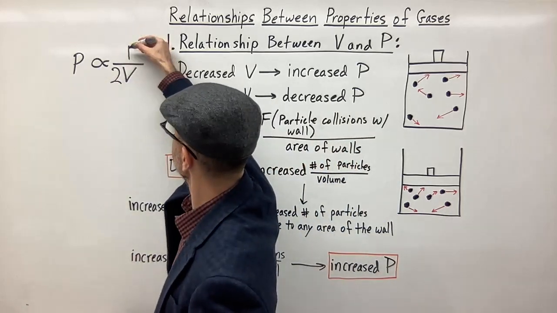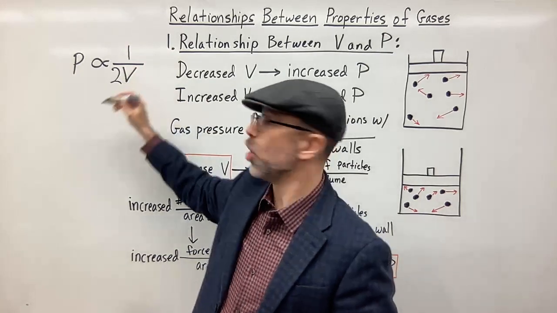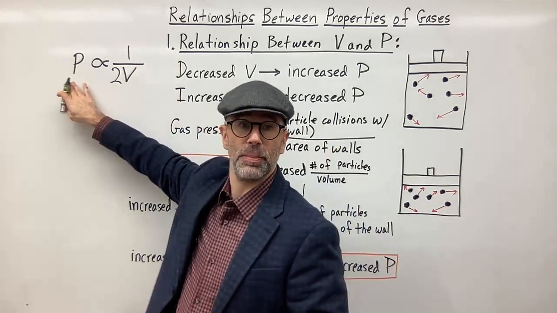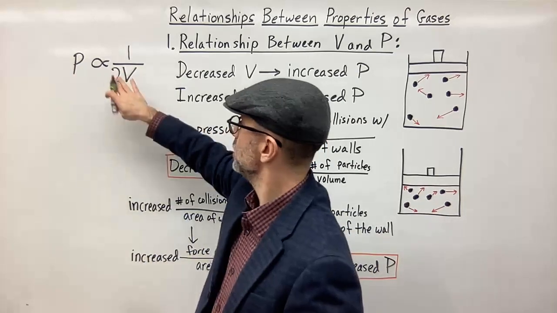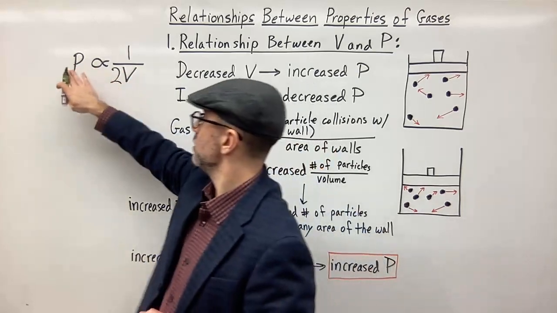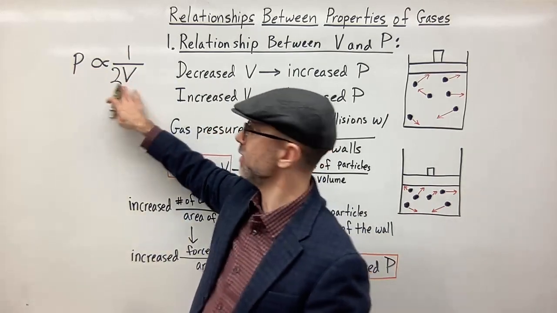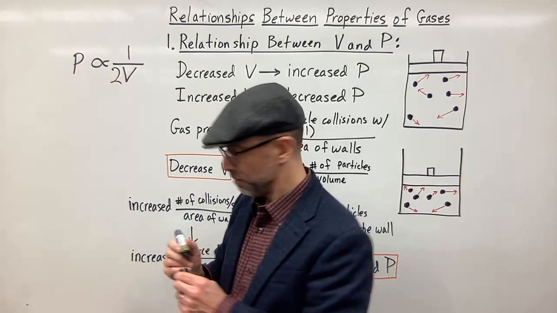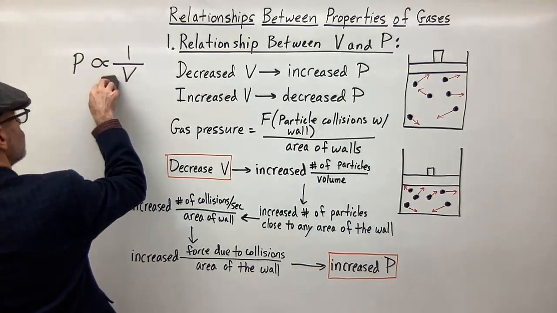The pressure is now 1/2. So whatever I do to the volume here, I do the opposite to the pressure. Doubling the volume halves the pressure. If I was to halve the volume, then that would double the pressure. So they're inversely related to each other.